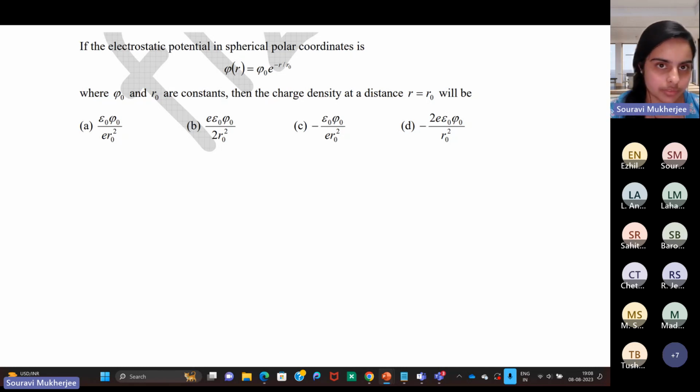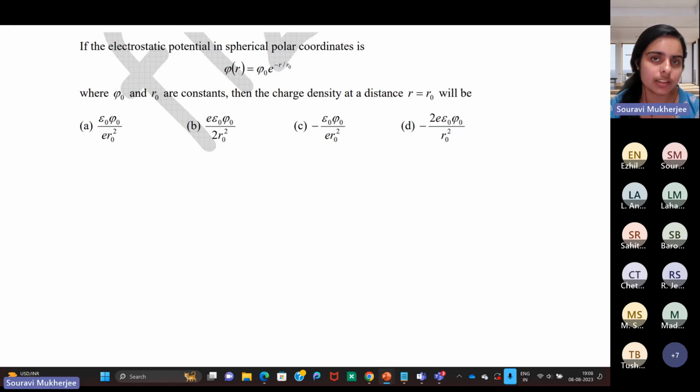But what is the relation that we'll use? We know the potential. We want to find the charge density. So what is the relation that relates potential with charge density? Poisson's equation. Right.